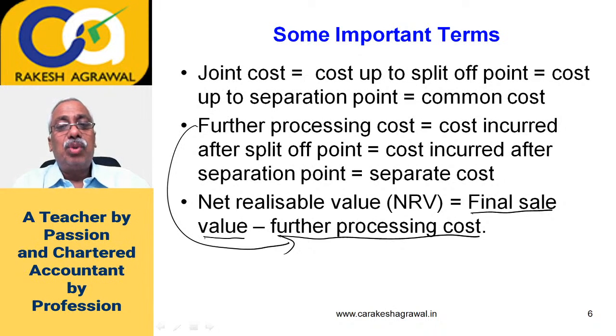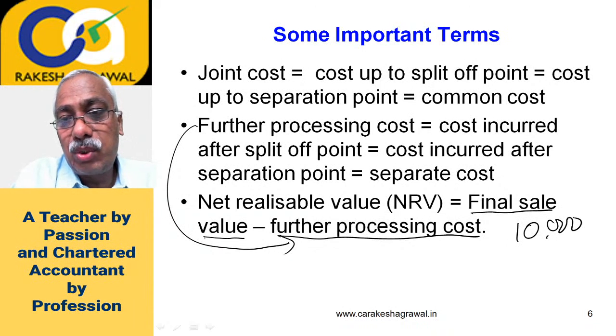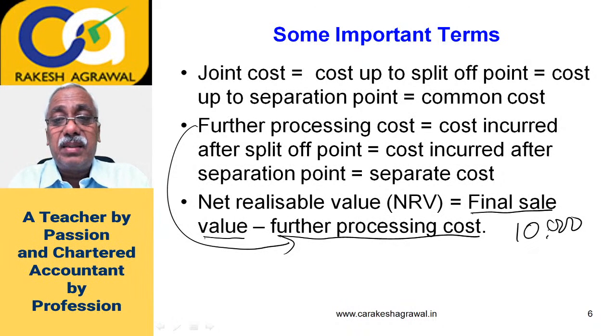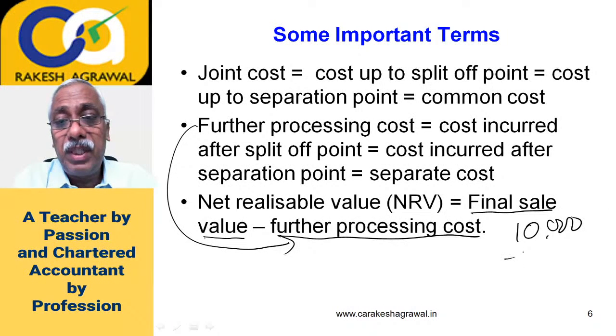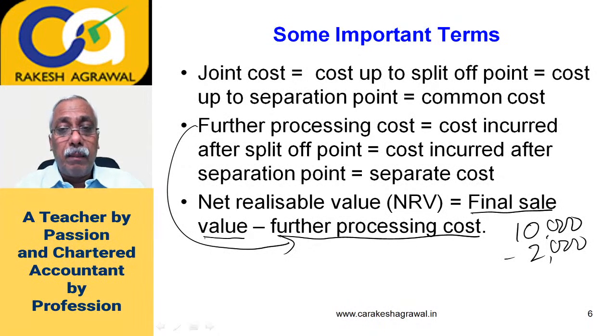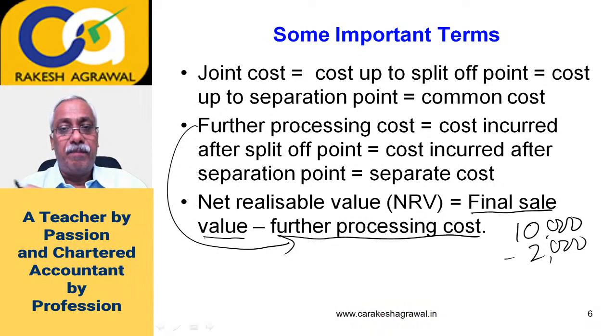Suppose in that sugar factory the bagasse is sold for rupees 10,000. But before you sell it for 10,000, you have spent rupees 2,000 specifically to make the bagasse into bundles, which are called bales. You have to make it into bales by compressing it through a machine.